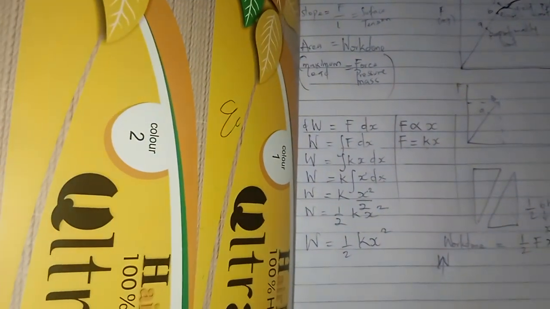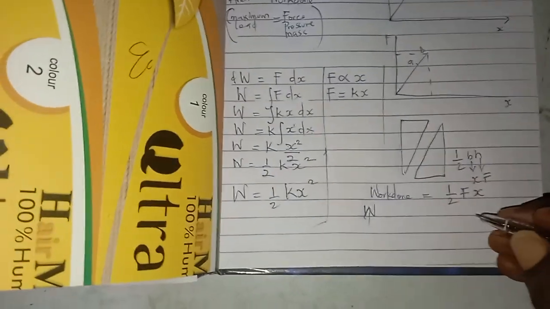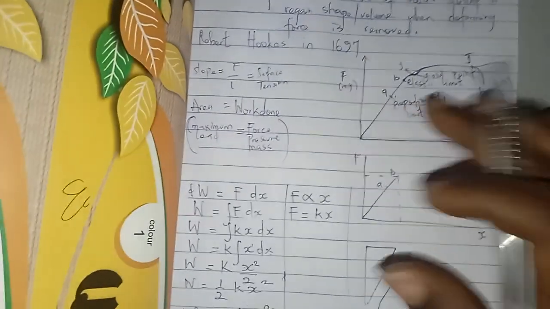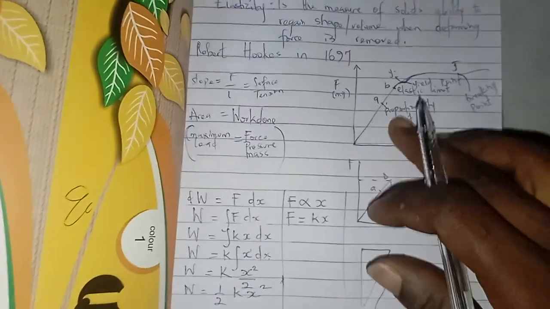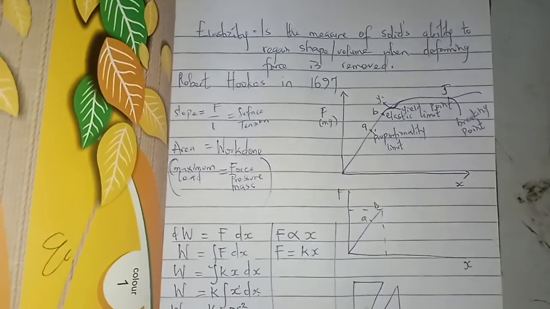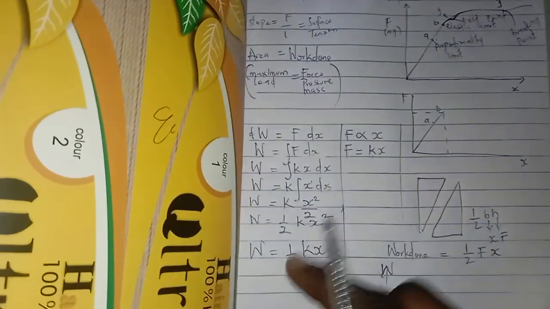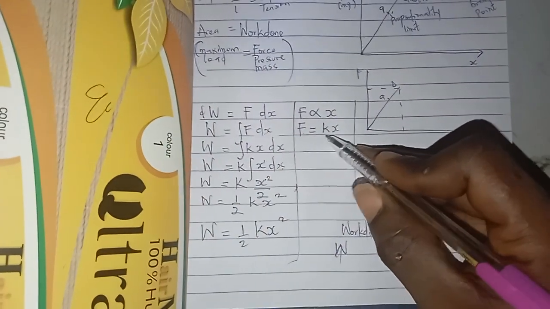So if I know this, we can see that this is also the thing that we have here. If I don't want to use this triangle, or this graph of Hooke's law, to discover work done, I can just use this integration. Since we said that force is equal to Kx, I can come here and replace it.